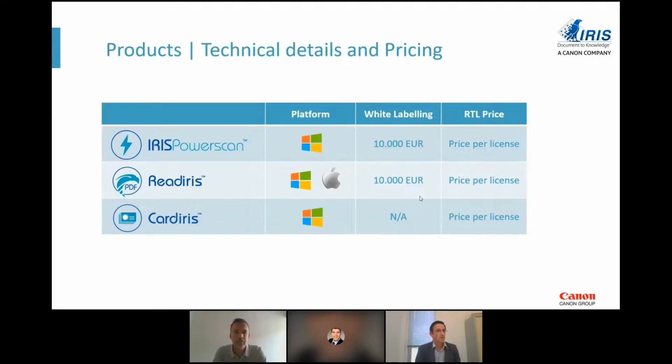So we're coming to the same kind of summary I have proposed for the toolkits. Here for the products, you have the technical details and the pricing. And I believe also that we have a third and final poll that Zakaria will now publish, where we basically ask you, if you had to bundle a solution as a partner with your hardware or solution, which type of solution would it be?